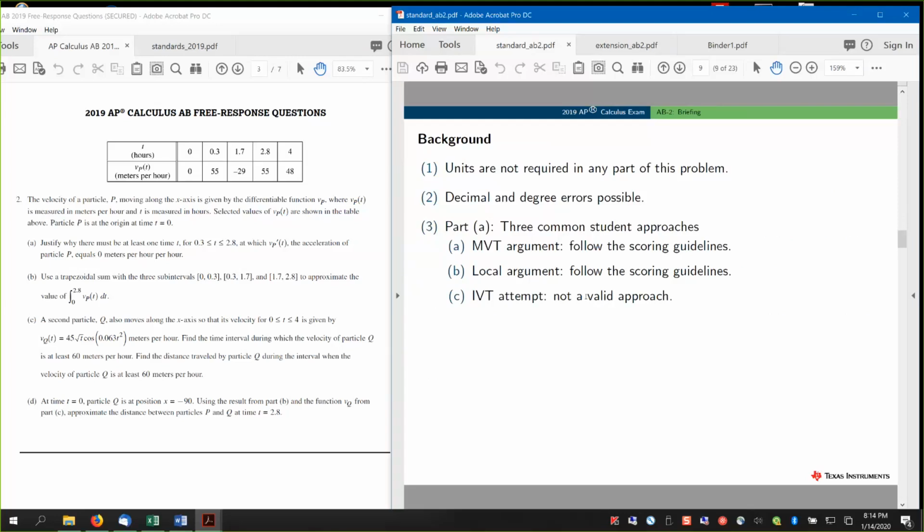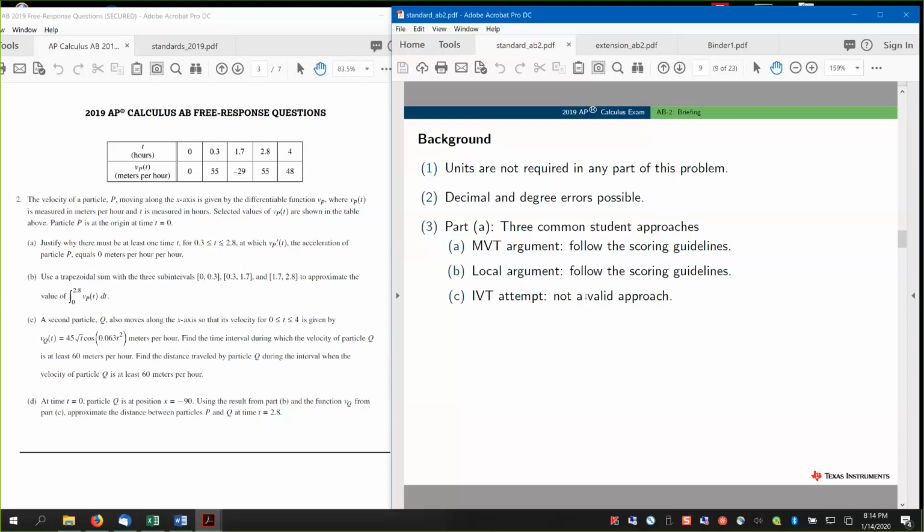And because this is a calculator active problem, there were decimal presentation errors possible. And we have a scoring rubric, we have a way to handle that. In addition to that, there was a trigonometric function involved here, and so there were degree errors possible. That means that students were solving this problem with their calculator in degree mode. Yikes. And we have a way to deal with that.